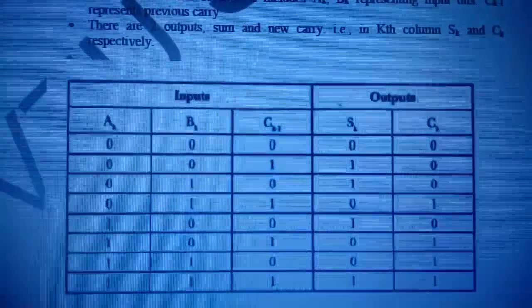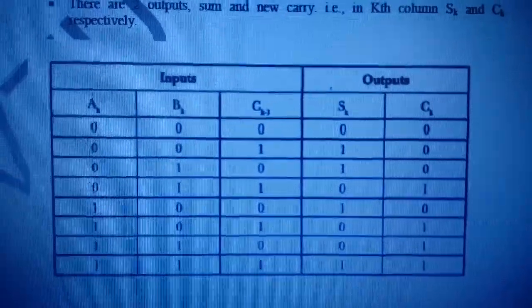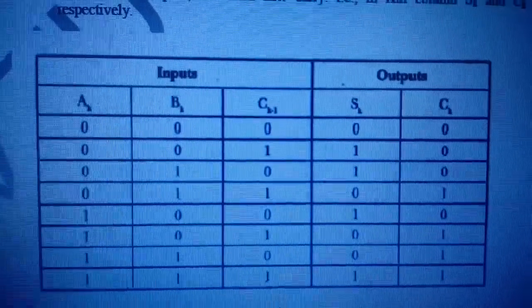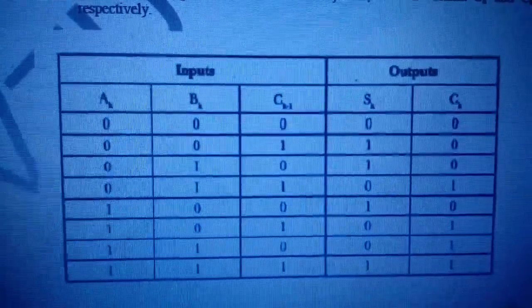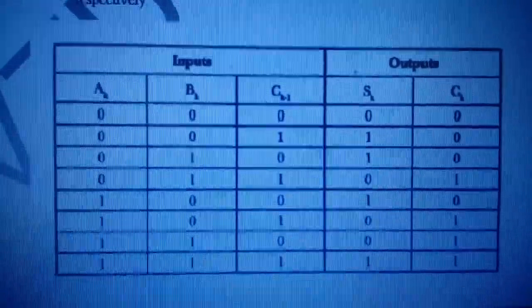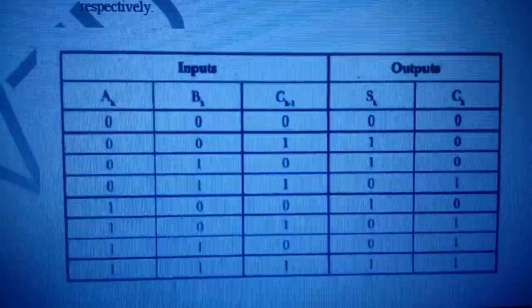This shows the truth table for your full adder: AK, BK, CK minus 1, SK and CK. SK represents the sum, CK represents the carry. In the first row, when all the inputs are 0, sum is 0 and carry is 0.